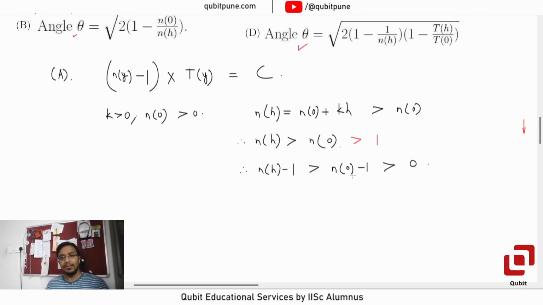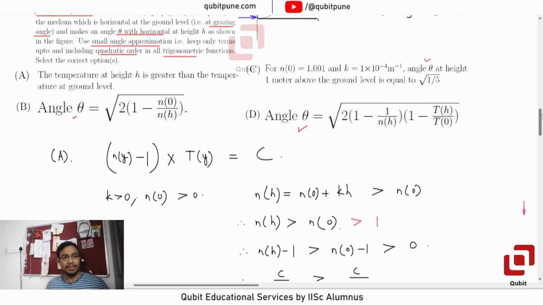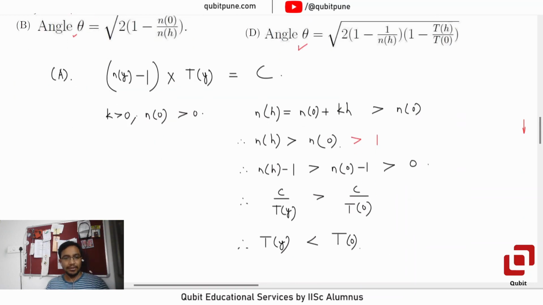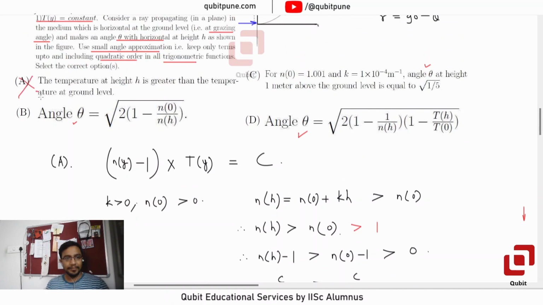If nh minus 1 is greater than n0 minus 1, it means c upon T(y) is greater than c upon T0. So T(y) has to be less than T(0). Temperature at height h is greater? No, it is not greater, it is smaller. So option A is not right.